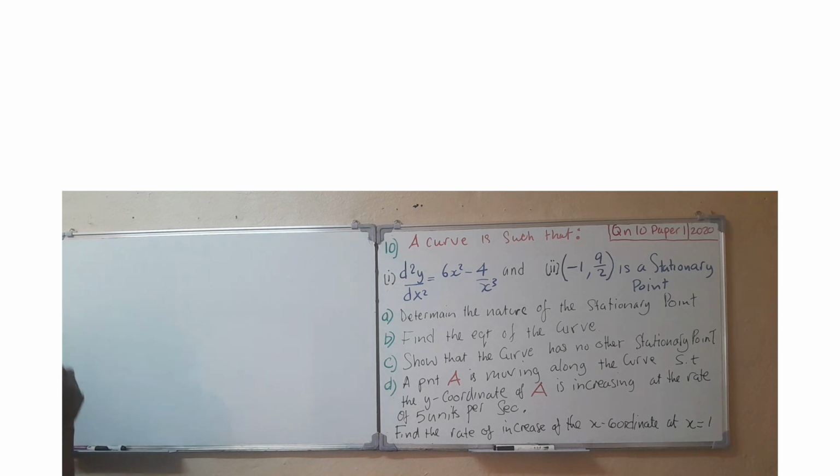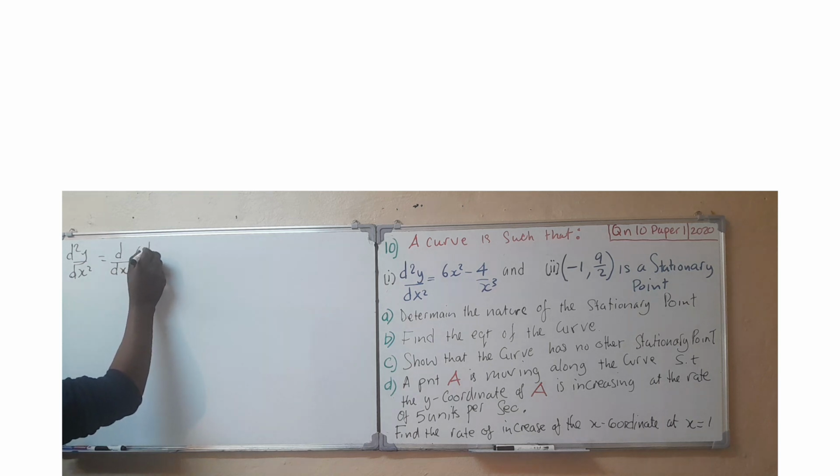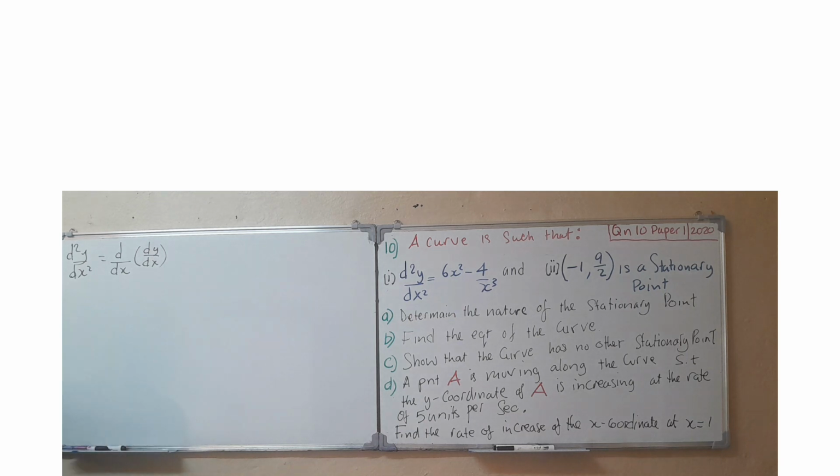Well, we know that d²y/dx² is actually equal to d/dx of dy/dx. In other words, the second derivative of y with respect to x is obtained when we differentiate the first derivative with respect to x.